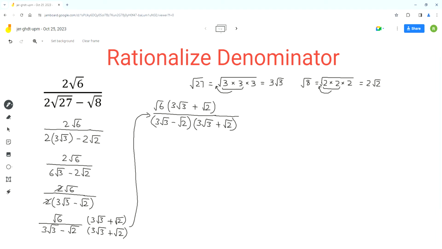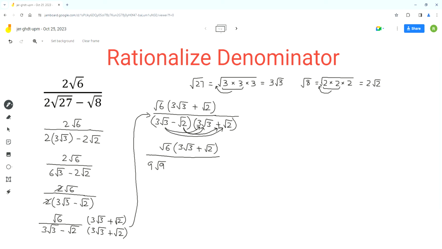Now we can simplify the denominator by distributing the terms. So here we'll have to use the FOIL method. So the numerator will stay the same. So 3 square root 3 plus 2 square root of 2 over. So first we'll multiply 3 square root 3 times 3 square root 3. So we'll multiply the coefficients, 3 times 3, which is 9, and then square root of 3 times square root of 3, which becomes square root of 9.